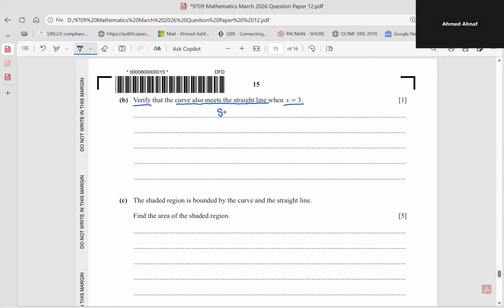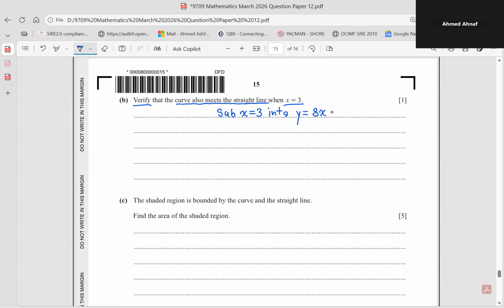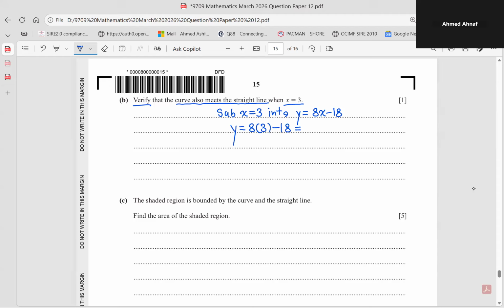So sub x equals 3 into y equals 8x minus 18. So you get y equals 8 times 3 minus 18, so you get 24 minus 18, which is 6.